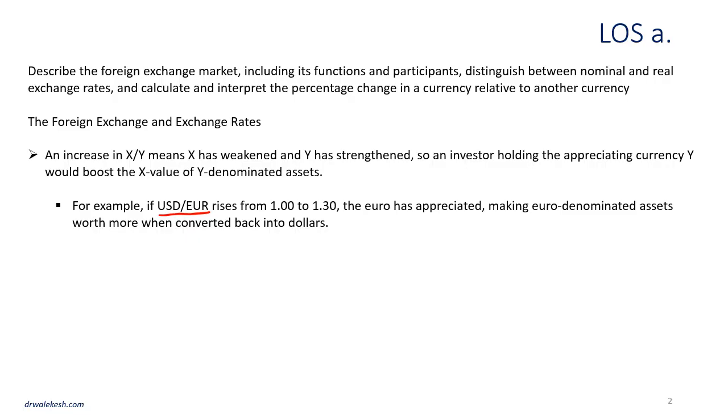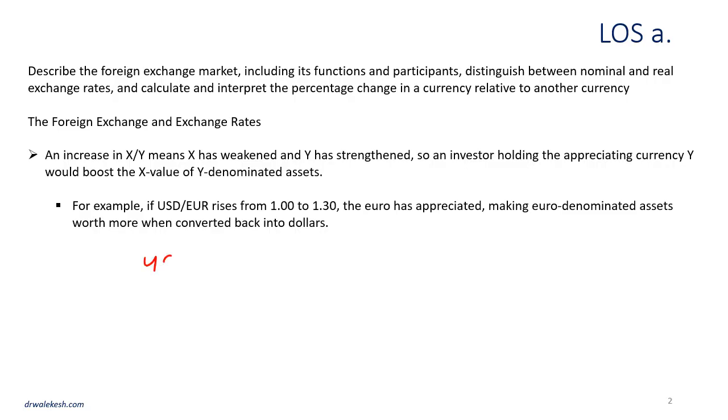If this currency pair, which is US dollars against euro, rises from 1 to 1.3, that implies that US dollars, which is the price currency, has depreciated or weakened, and euro, which is the base currency, has appreciated, thus making euro denominated assets worth more when converted back into US dollars.